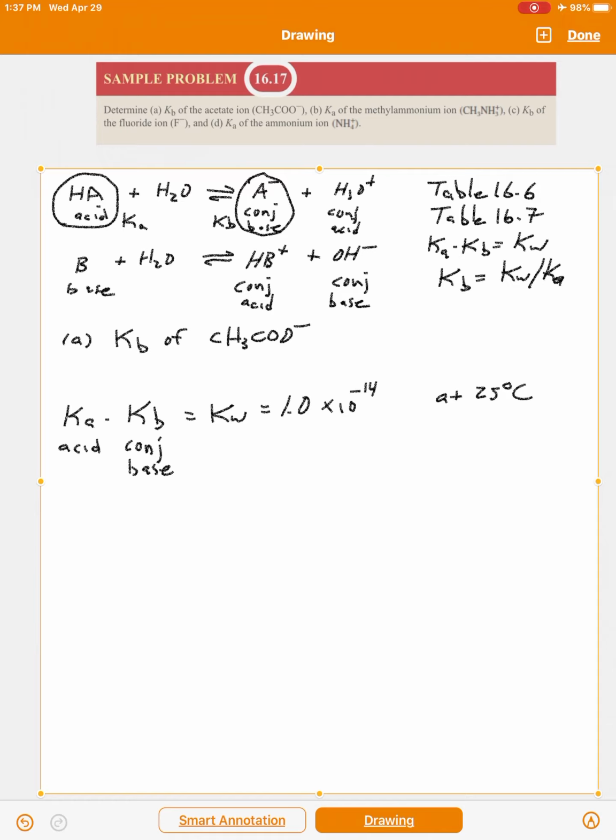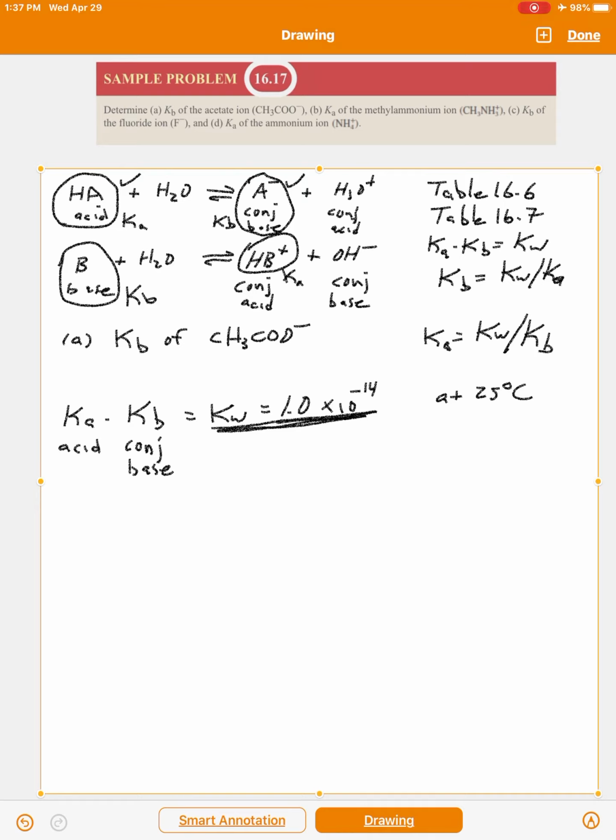So we can find the Kb of a conjugate base, even if we don't have it in a table, if we can look up the Ka for the acid that formed that conjugate base. Likewise, if we can look up the Kb, we can find the Ka using the same logic. Ka is Kw over Kb. And that works because Kw is a constant.